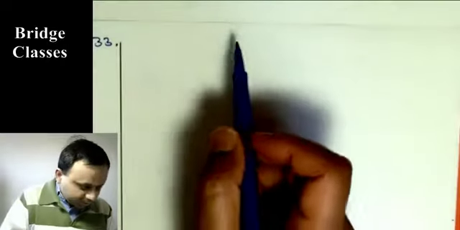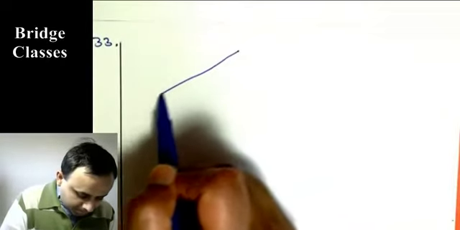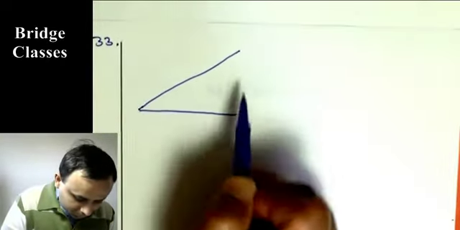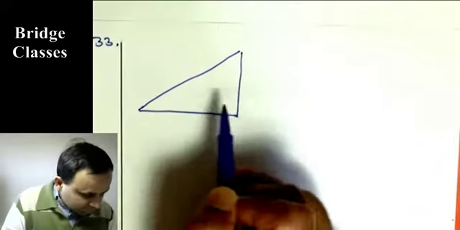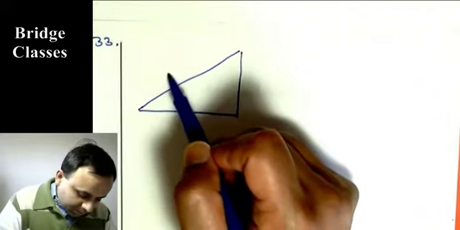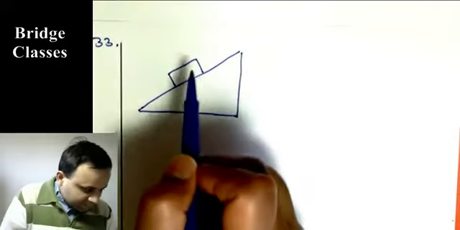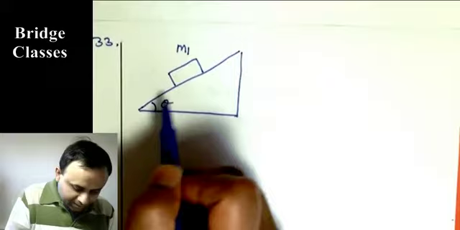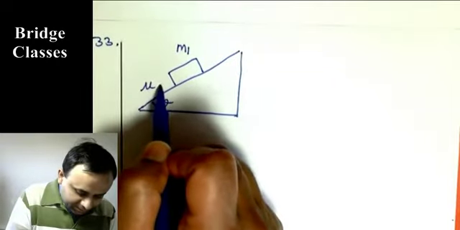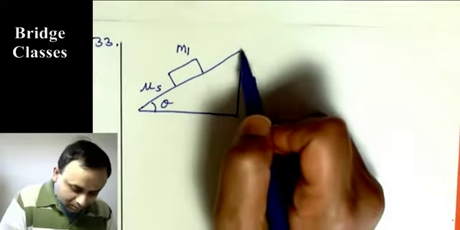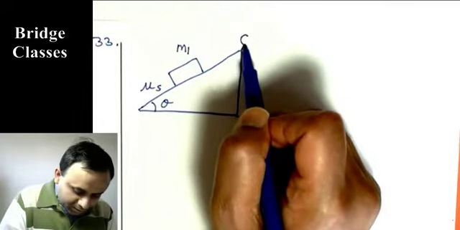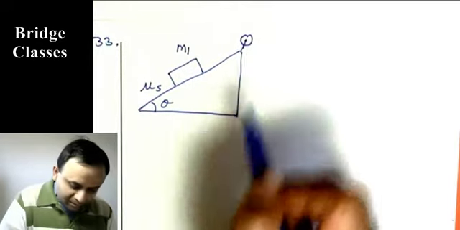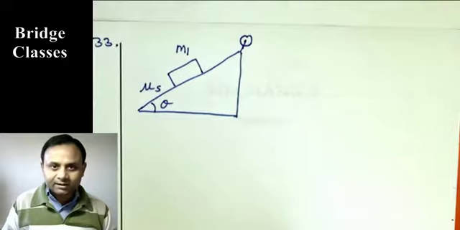Okay, this is not a GATE problem. Let us say there is a body on an incline. Its mass is m1, angle theta, and the coefficient of static friction here is mu s. There is a pulley here, and the pulley is frictionless.